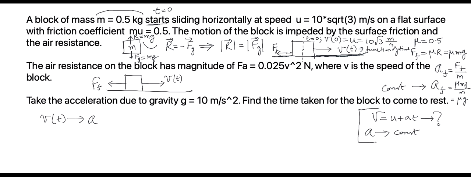Air resistance also is a force, right? And we have been given that as a value in terms of newtons. Don't you think that the air resistance will oppose the motion? That is what will happen, right? When the object is moving, the air is going to block that motion. Like when we are driving a car, as we go to higher and higher speed, that means we are accelerating more.